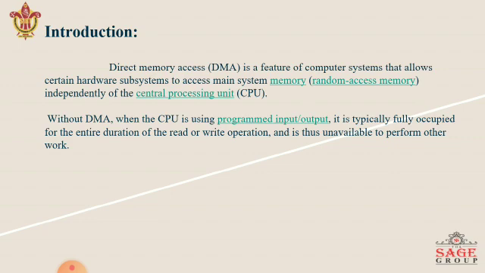Without DMA, when the CPU is using programmed input-output, it is typically fully occupied for the entire duration of the read or write operation and is thus unavailable to perform other work.